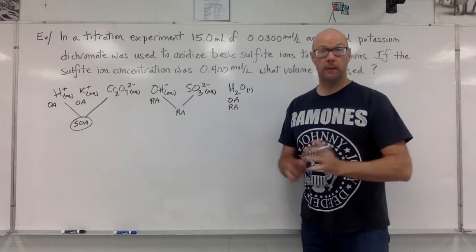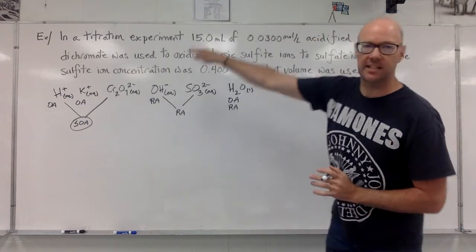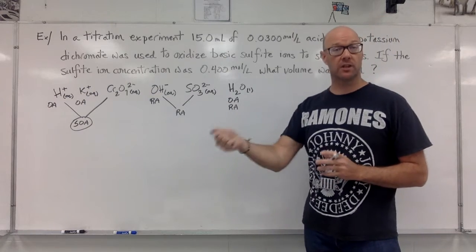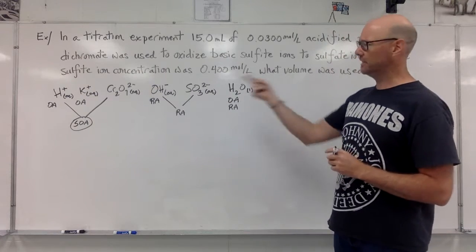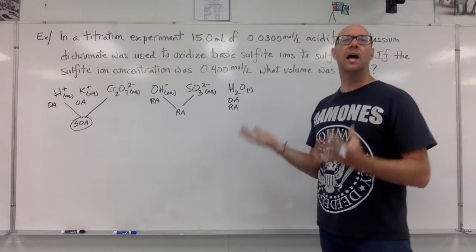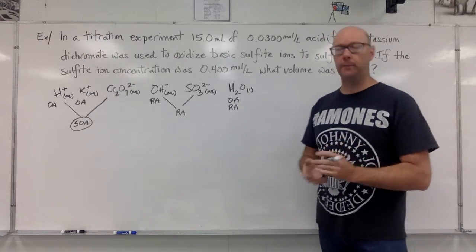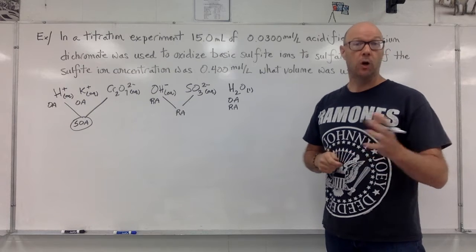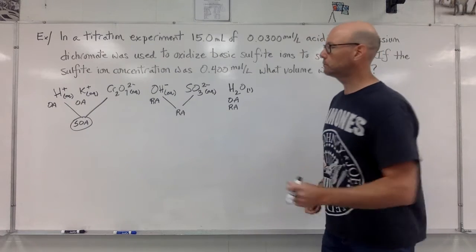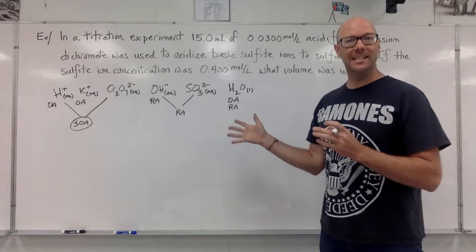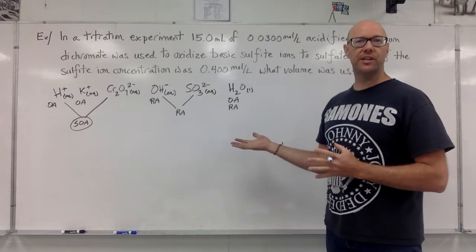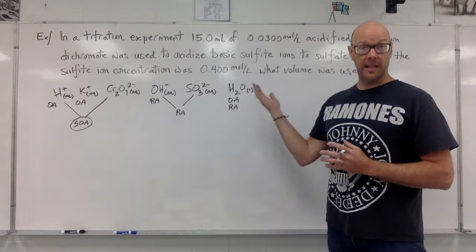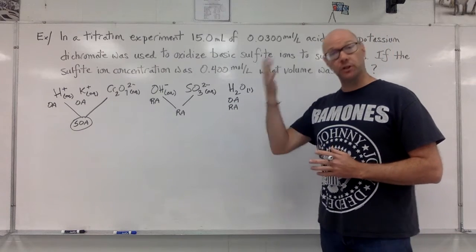Again, as a pro tip, as soon as I see acidic dichromate in the question, I could skip all of this and go straight to that half reaction. I don't have to label all of these oxidizing agents. It is going to be so common for acidic dichromate to be our strongest oxidizing agent. Also be on the lookout for permanganate. Copy down the oxidizing agent's half reaction right out of the data booklet. We've seen the acidic dichromate so many times, you're going to start to remember it.